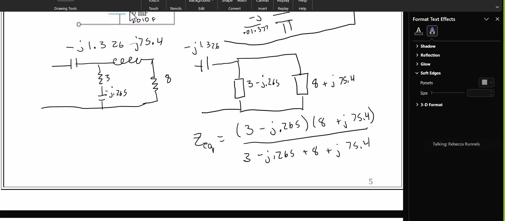So we can get that. I think I can add 3 and 8 and get 11, but I'm not entirely sure.